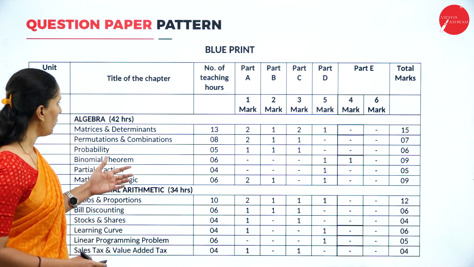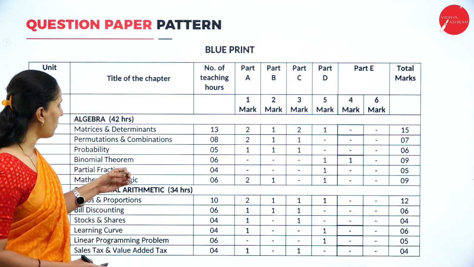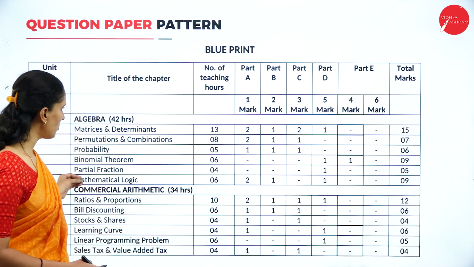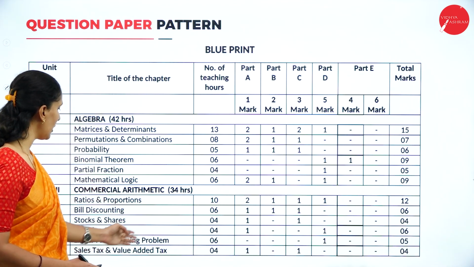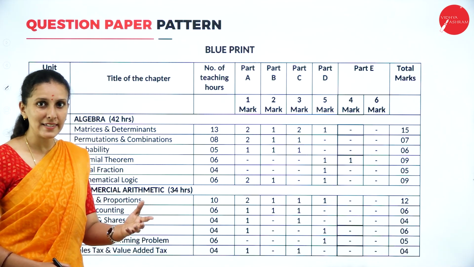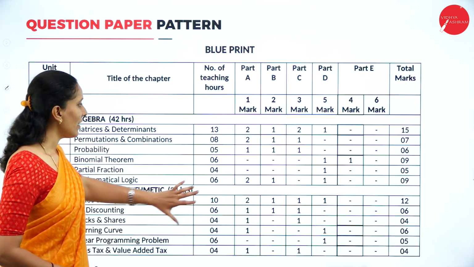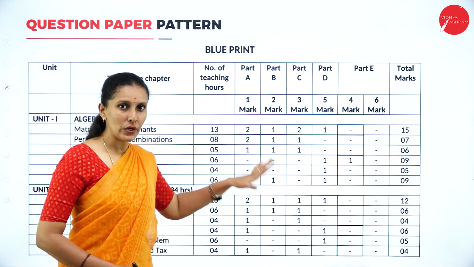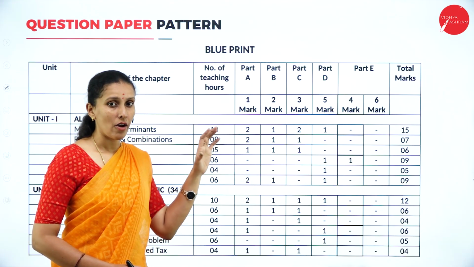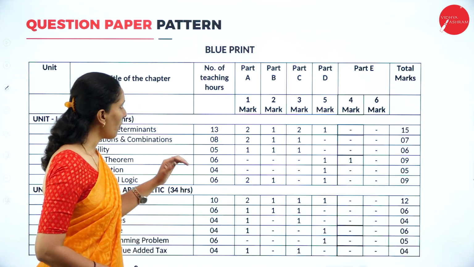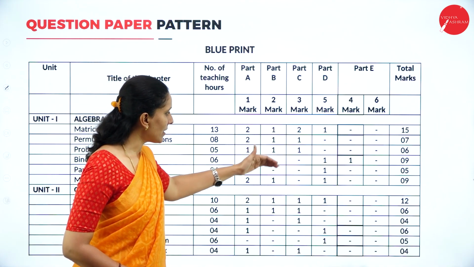So we can see the simple problems will be on partial fraction, mathematical logic, learning curve, linear programming problems. They are all very simple. So almost any 5 chapters you can learn thoroughly and attend 5 questions out of 10 questions. Now coming to the part A, part B and part C sections.